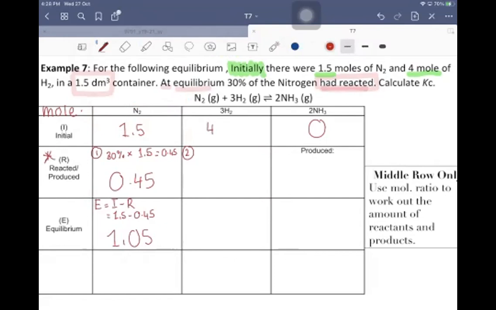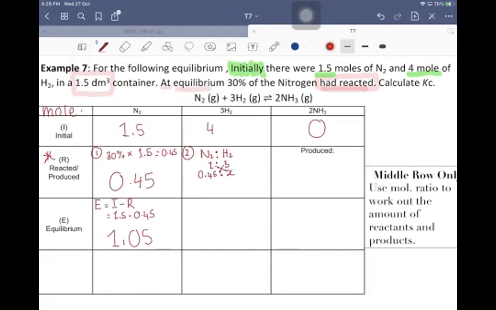How? If I want to find the number of moles of hydrogen, I need to know the mole ratio of nitrogen and hydrogen. Their relationship is 1:3. So if I reacted 1 mole of nitrogen, I should have reacted 3 moles of hydrogen. If I reacted 0.45 moles of nitrogen, how many moles of hydrogen must I use?